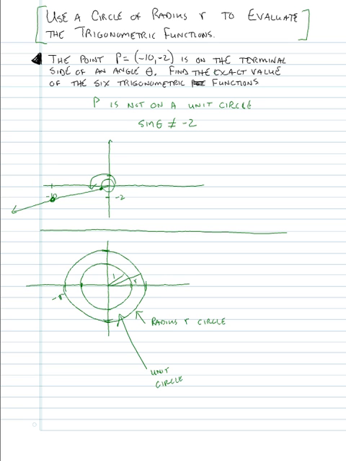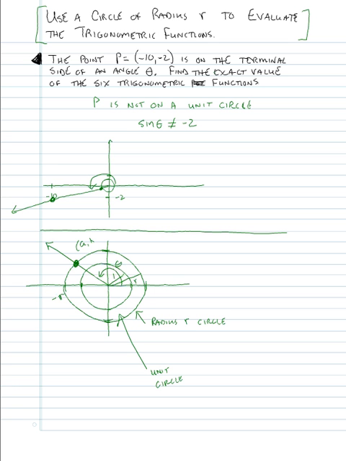Now let's suppose we have an angle. There's our angle theta. What happens is that we have a point that we know is on the terminal side of the angle theta.